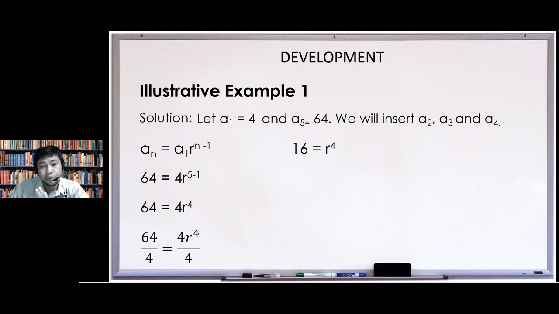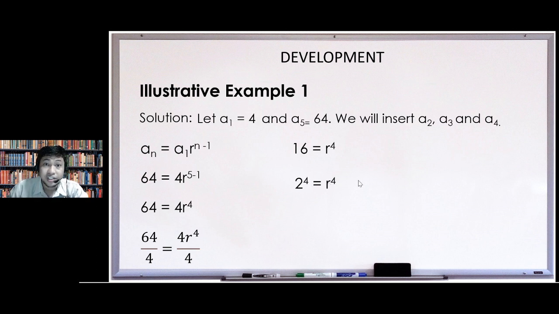Now, to find the value of our common ratio, we can express 16 in exponential form, wherein the exponent will be 4. So what is that? Yes, very good. That is 2 raised to 4 is equal to r raised to 4, since 2 times 2 times 2 times 2 gives us 16.